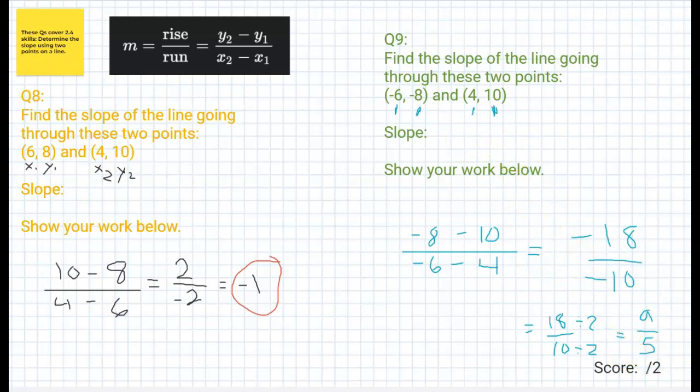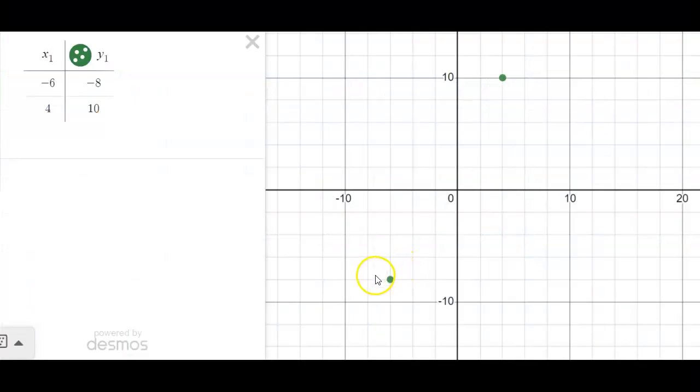So now I know that the slope of the line going through these 2 points is 9 over 5. And you can also use Desmos. If you put these points into a table, you can use Desmos equally well. If you are going from this point, your rise is right here.